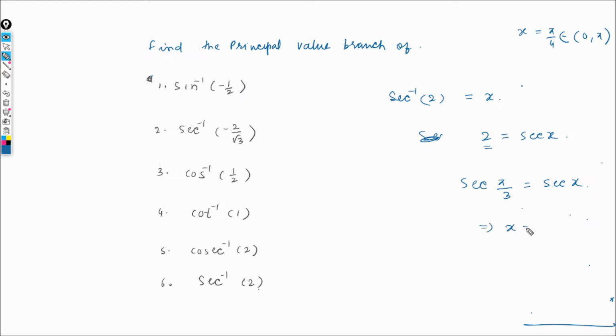So this implies x is equal to pi by 3, and pi by 3 belongs to closed interval 0 comma pi minus pi by 2, which is the principal value branch of the sec inverse function.